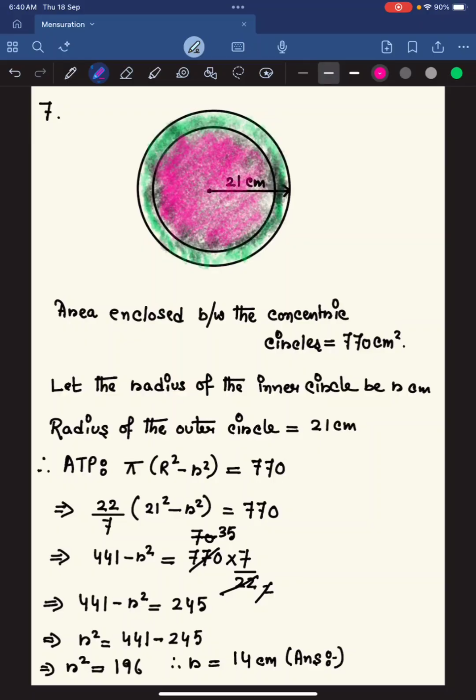Understood? So if we deduct the area of the inner circle from the area of the outer circle, then we will get only this portion.